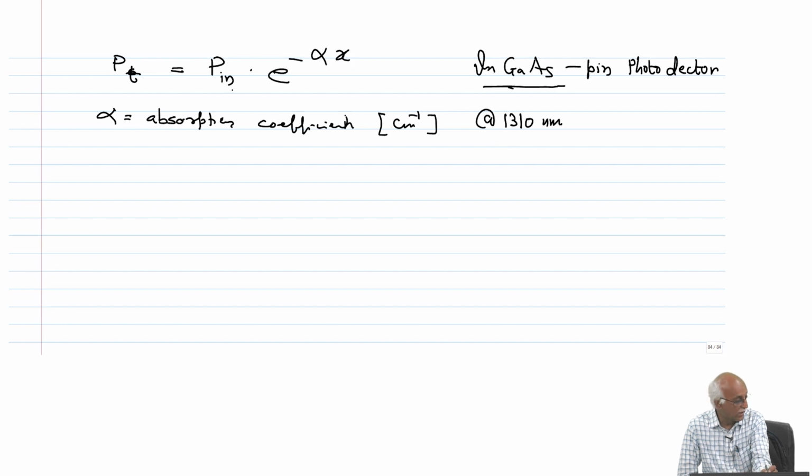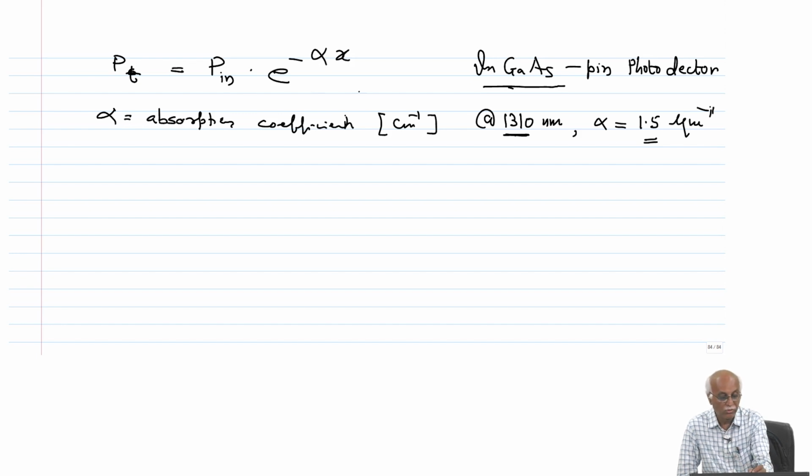Then we also know the absorption coefficient for the wavelength 1300 nanometer is approximately 1.5 micrometer inverse. What it means is the intensity of the transmitted light will decrease by 1 by e from the input intensity when photons travel 1.5 micrometer in length.